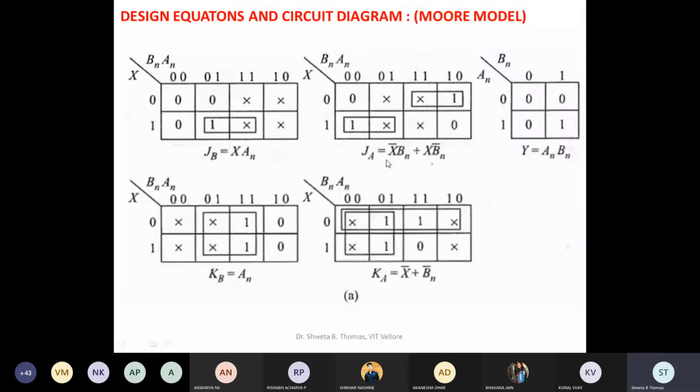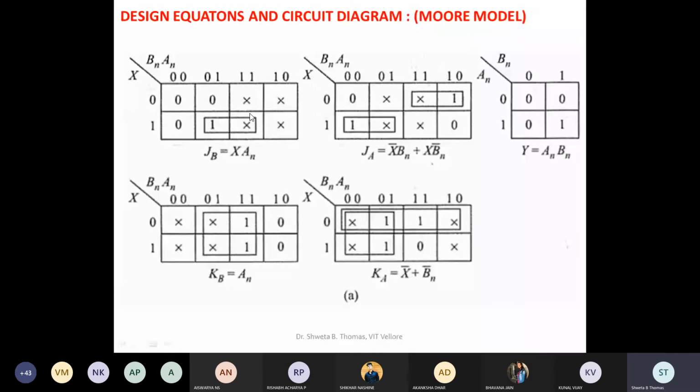Next, we need to find the design equation for the Moore model for JB, JA, KB, KA and Y. Here X, B, A: X is the input and B, A is the present state. Wherever 1 is there in the table, you need to fill 1. Wherever 0 is there, you need to fill 0.